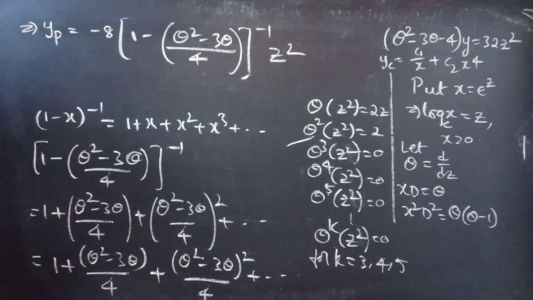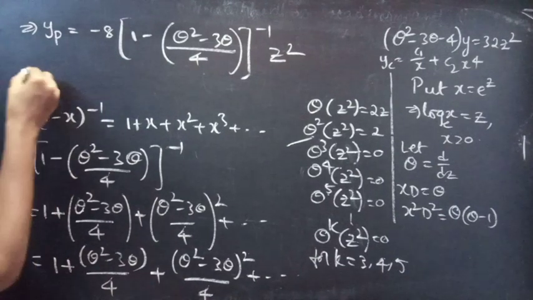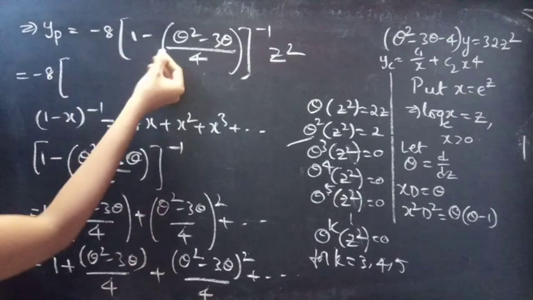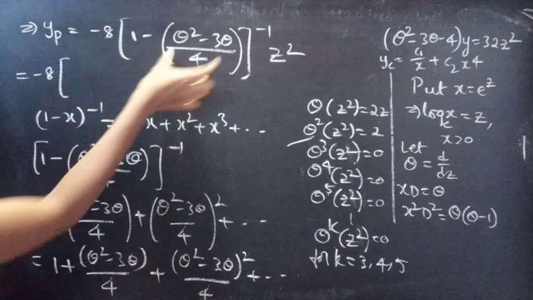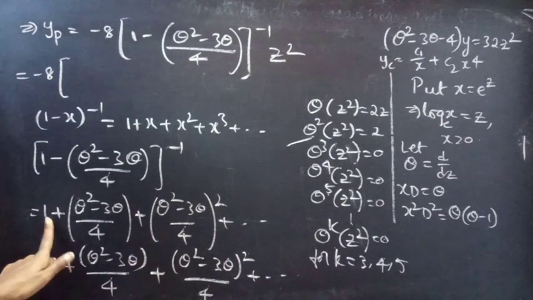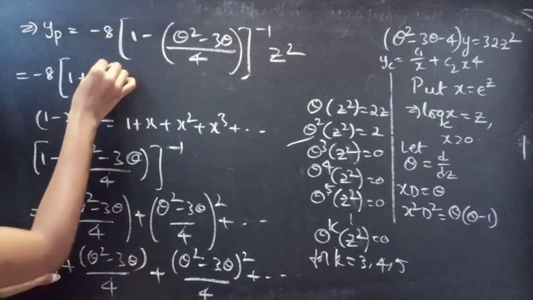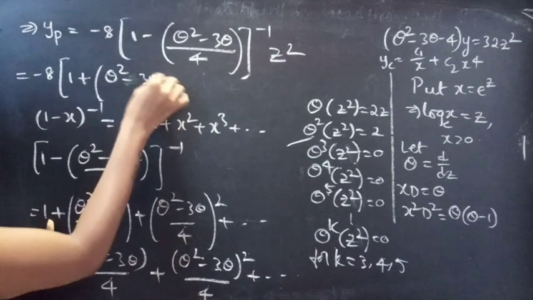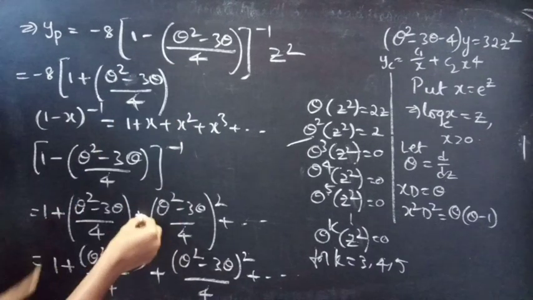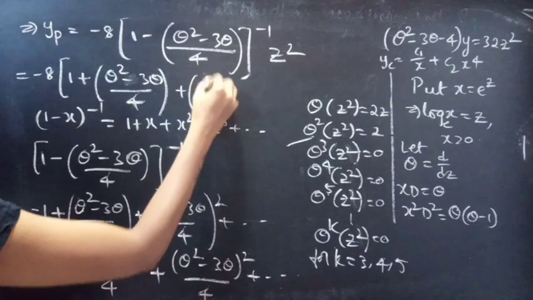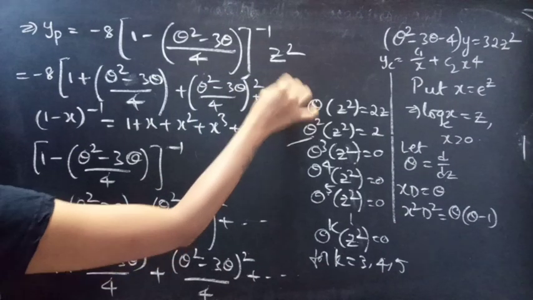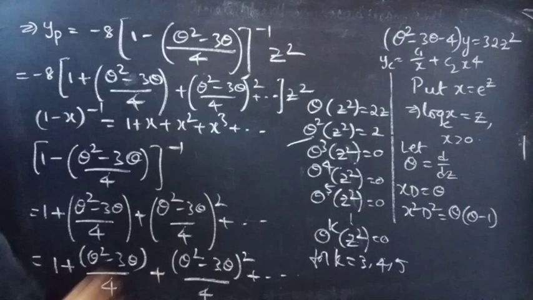Okay. Coming to yp, we can write yp as minus 8 into the expansion of 1 minus this term whole inverse, which is 1 plus theta square minus 3 theta by 4 plus theta square minus 3 theta by 4 whole square plus so on, into z square.